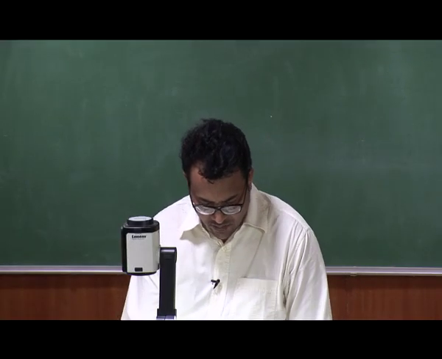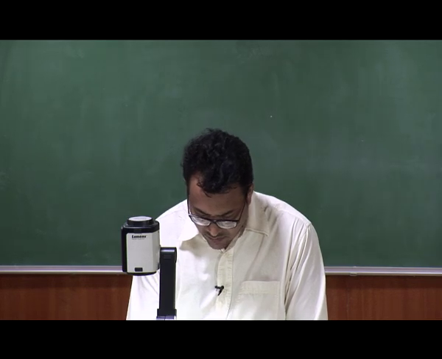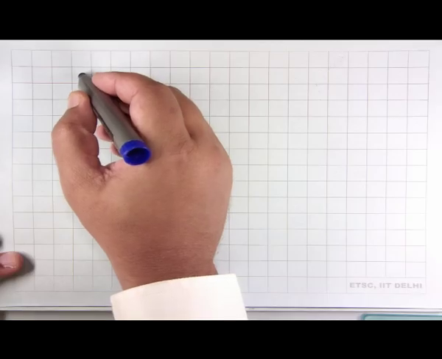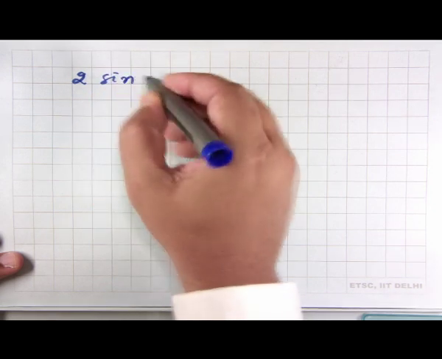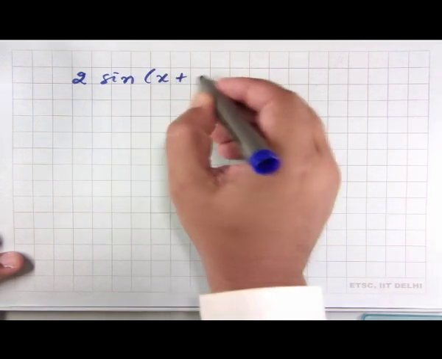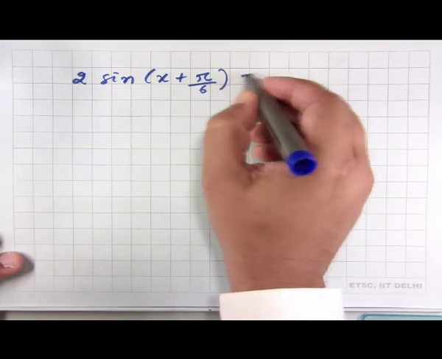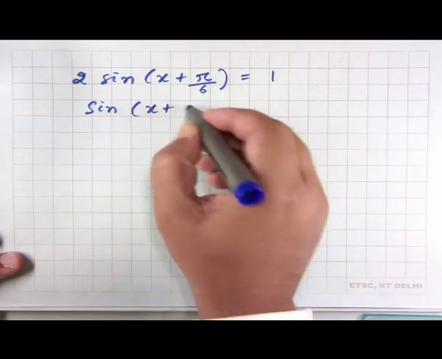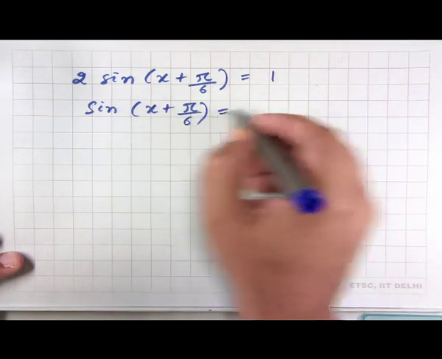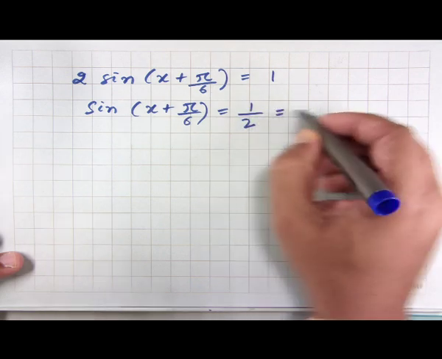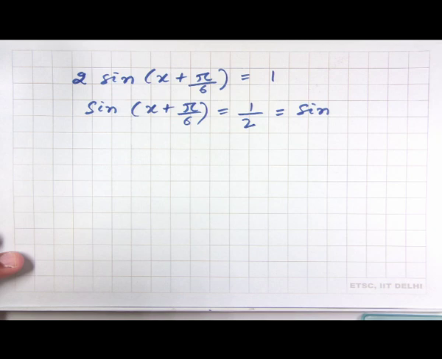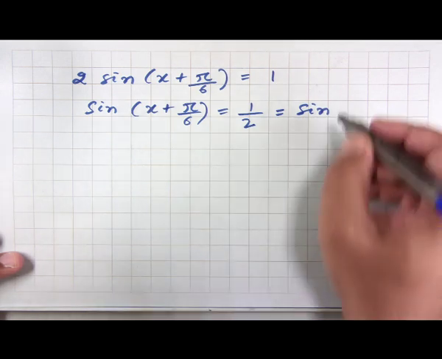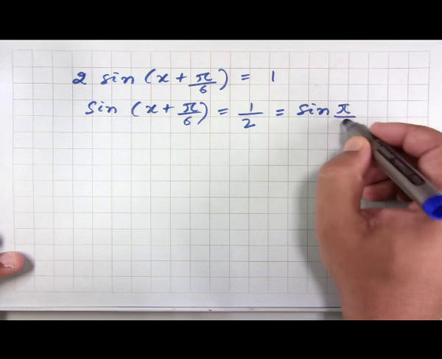So, on the previous slide we reduced that 2 into sine of x plus pi over 6 is equal to 1, or sine of x plus pi over 6 is half, but half is the same as sine of 30 degrees, which is pi over 6.